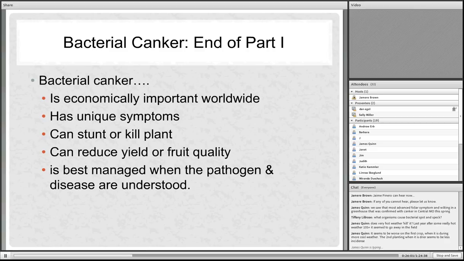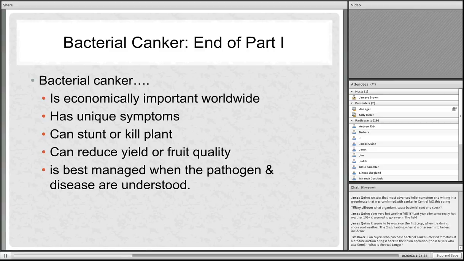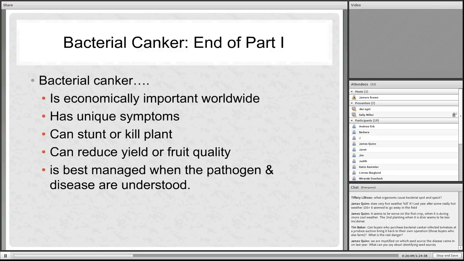Sally, I don't know if you wanted to talk about the species of bacterial spot that question was raised. Well, yes, you're right. There are about now 4 species. The interesting thing for us is that in processing tomatoes, at least, we found a changeover from the Xanthomonas euvesicatoria and vesicatoria that we used to see 20 years ago to a newer one called Xanthomonas gardneri.